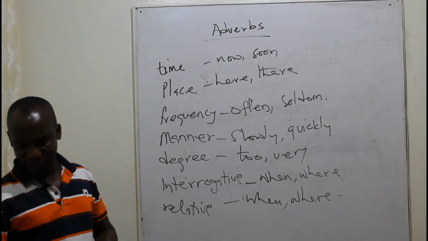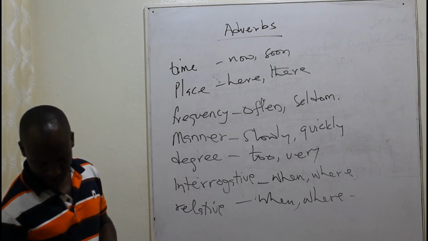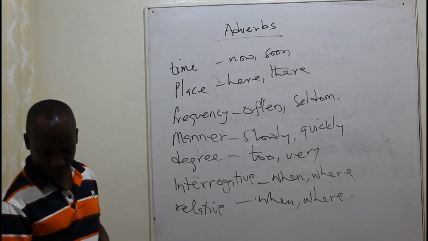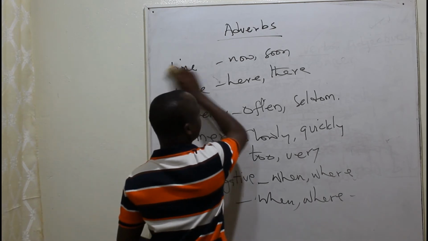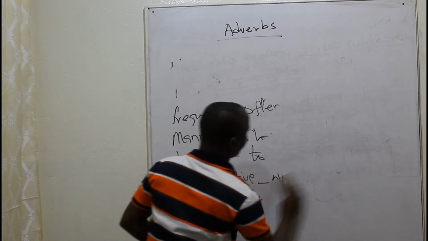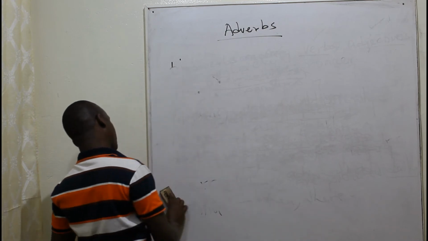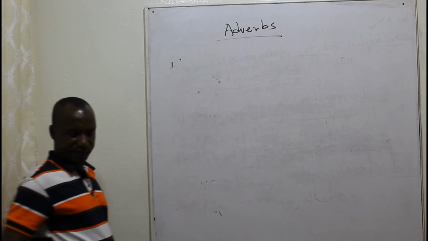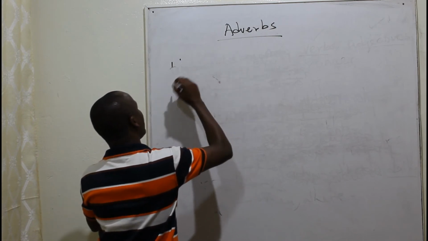Now, in dealing with the adverbs, we can have the regular and we can also have the comparative forms. So, for example, we can have a comparative and a superlative form. So, you can have your positive and you can have the comparative and superlative form.